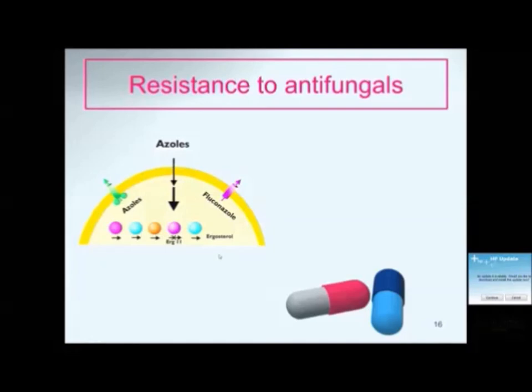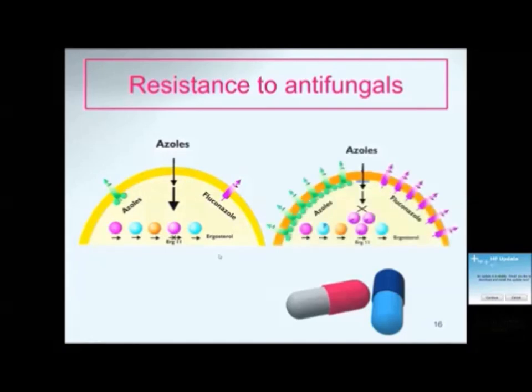But with continued use, you start to put selection pressure on, and you lead to an increased number of resistant fungal cells, and their resistance comes about in similar ways to the way that bacteria acquire resistance.